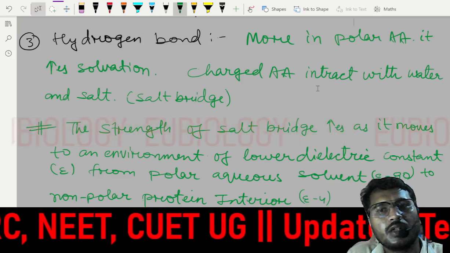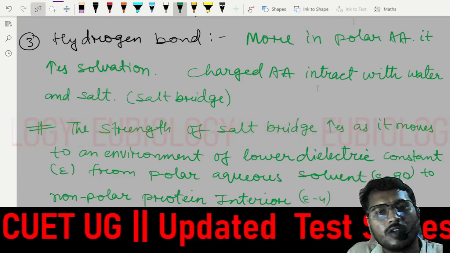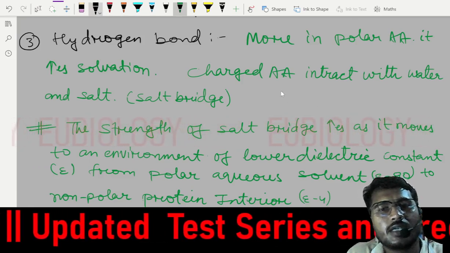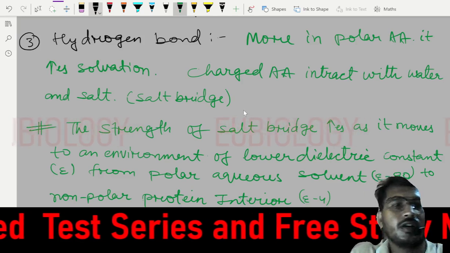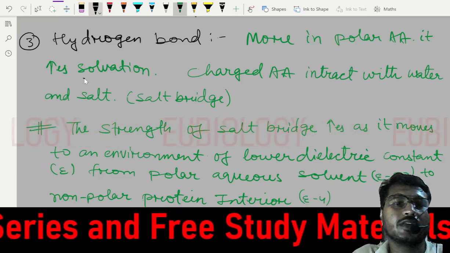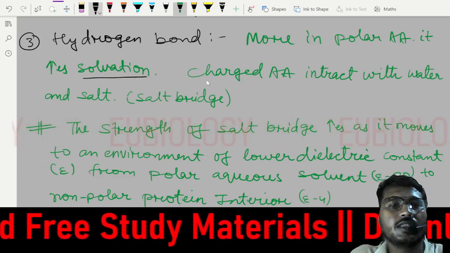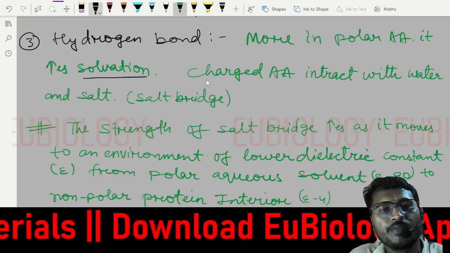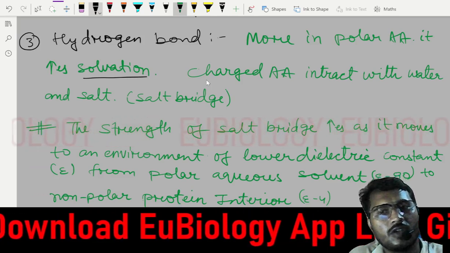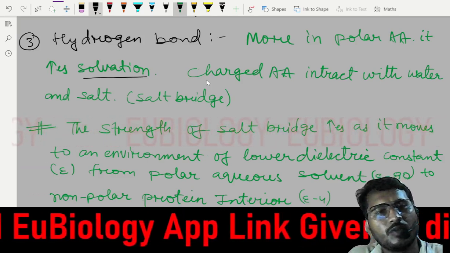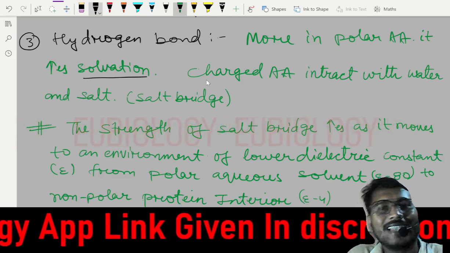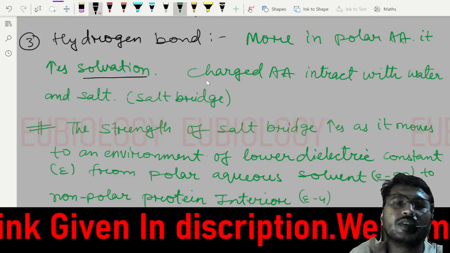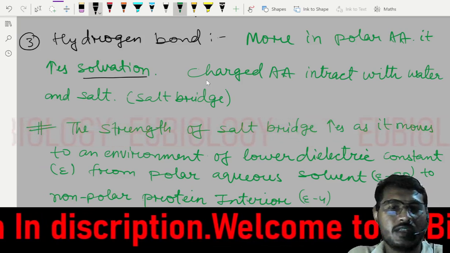So a more polar amino acid increases the solvation, and charged amino acids interact with water and salt. So this is the important thing. What is solvation? Solvation means a layer of solvent surrounds the solute. That layer is called solvation. Whenever the charges are more, more hydrogen bonds will be formed, and as more hydrogen bonds are formed, there will be a larger solvation layer.